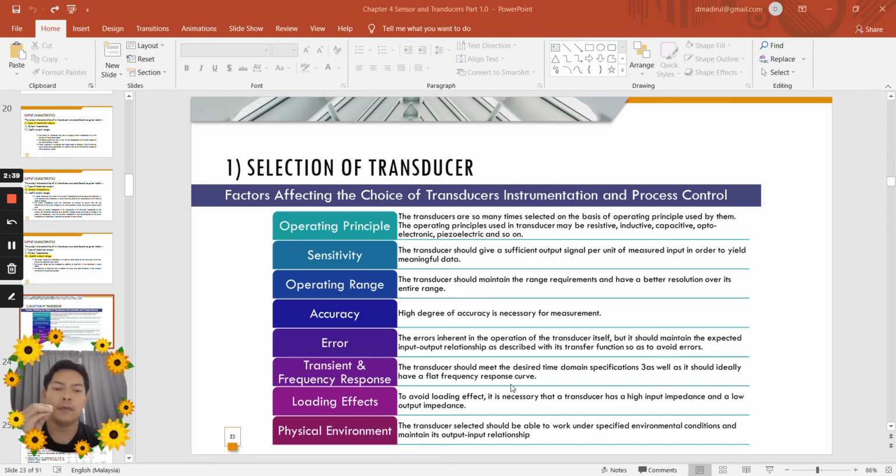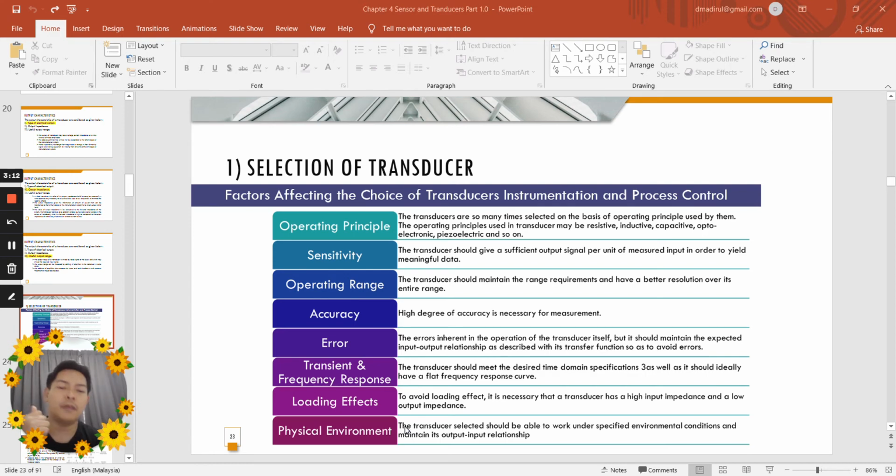So this is what you need to look into when choosing a transducer in terms of its transient and also frequency response. In terms of loading effects, to avoid loading effects, it is necessary that a transducer has a high input impedance and a low output impedance. So you need to consider this when choosing a transducer: you must have a transducer that gives minimal loading effects or can avoid them.